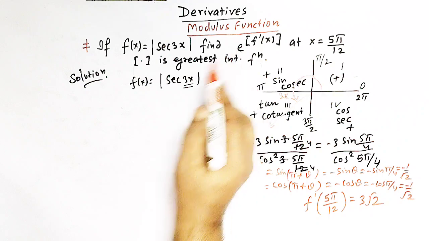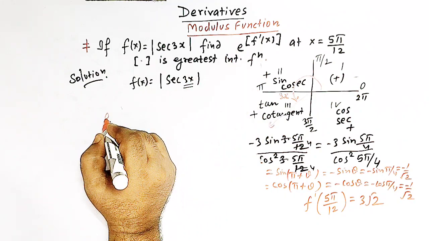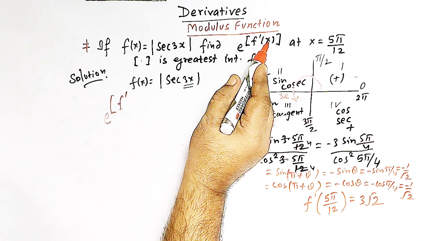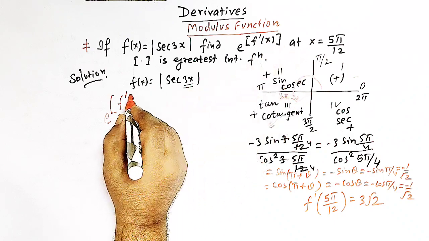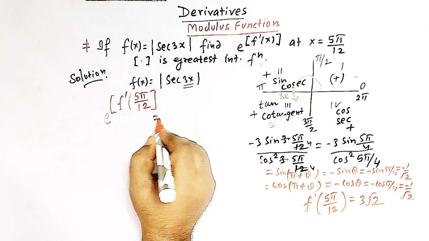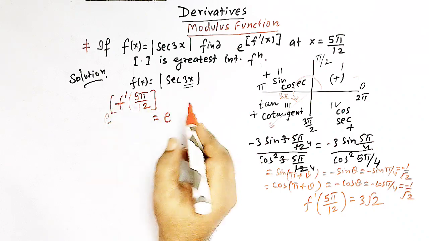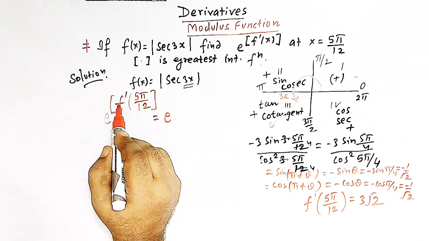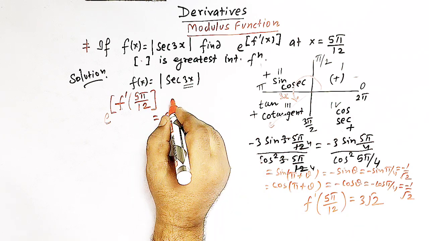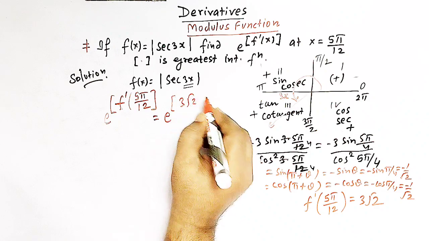So now our aim is to get the value of e raised to the greatest integer of f prime of x at this point, that is 5 pi by 12. So we can now write e raised to the greatest integer of f prime of 5 pi by 12. f prime of 5 pi by 12 is 3 root 2.